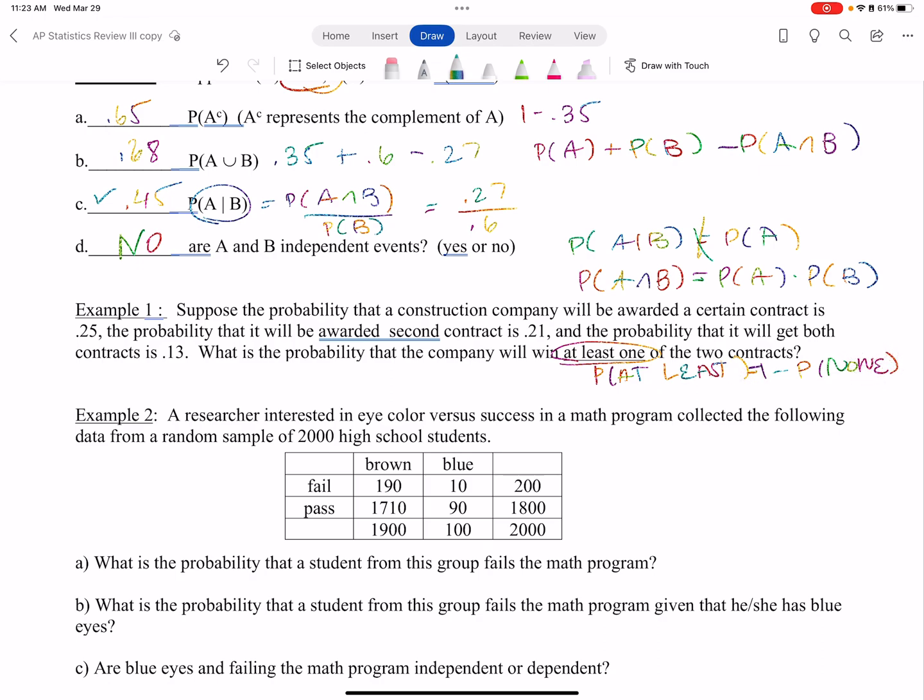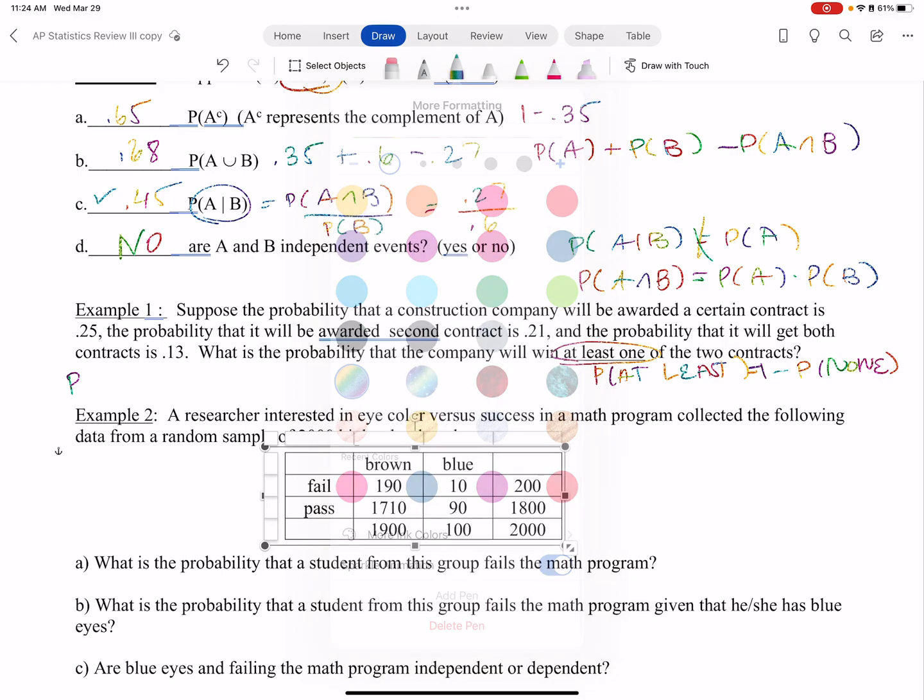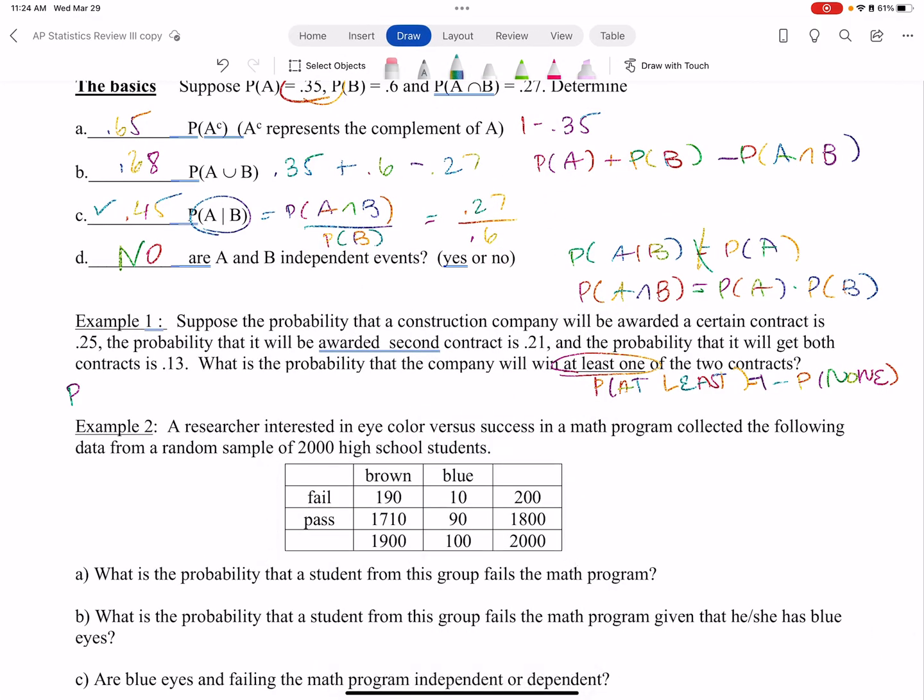So we have the probability of at least one, which is going to be 1 minus probability of none, but it's saying that means I'm going to get probability of A or B, so I could get contract 1 or contract 2. Probability of contract 1 is 25%.